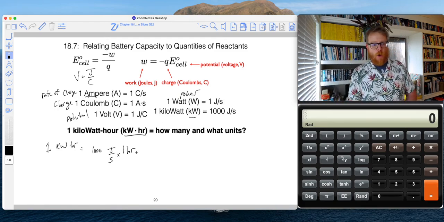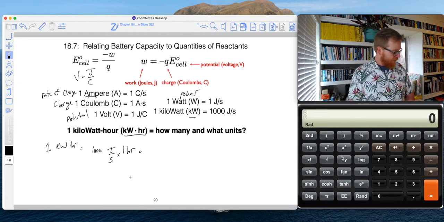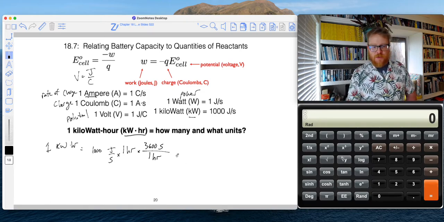If I keep going down the line with my dimensional analysis, we know that in 1 hour, there's 3,600 seconds. That comes from 60 times 60: 60 seconds in a minute, 60 minutes in an hour. You can see when we do that, the hour cancels, and the second cancels.